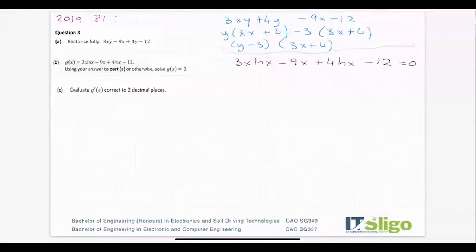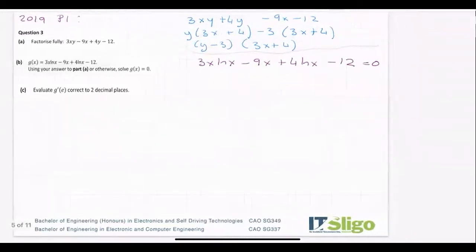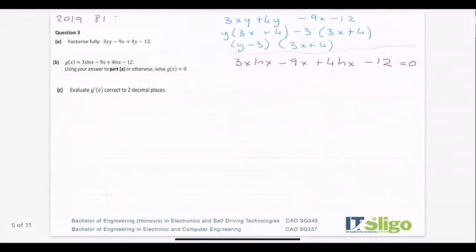Okay, experience at this stage has taught me that when I see some of the terms the same, so you can see minus 12, minus 12, minus 9x, minus 9x, I see a 3x, a 3x, a 4, a 4. So when that happens, I tend to look a bit closer at the two equations and go, right, what is different as opposed to what is the same? And if you look across at it, you will see that it's y here, whereas it's ln of x here.